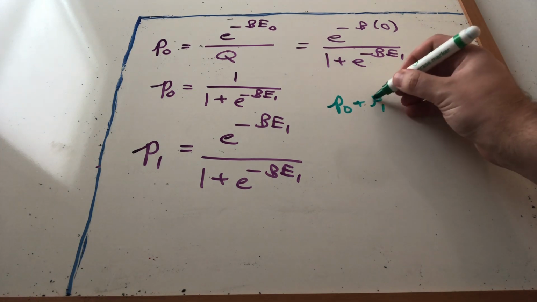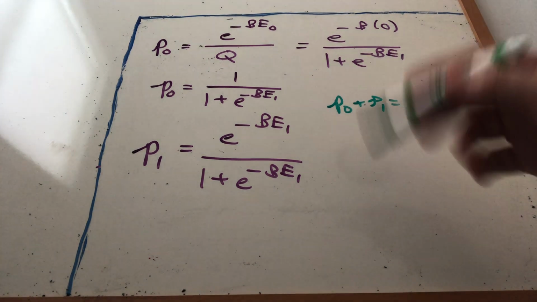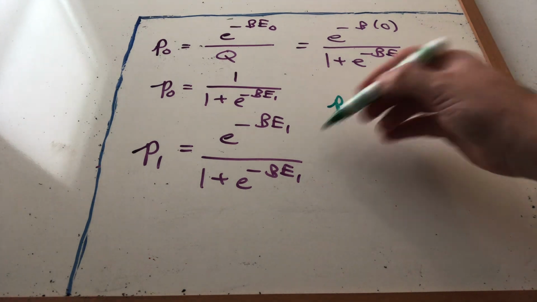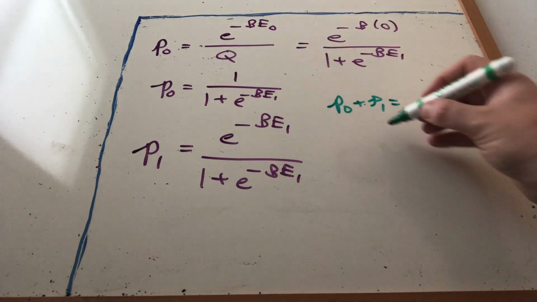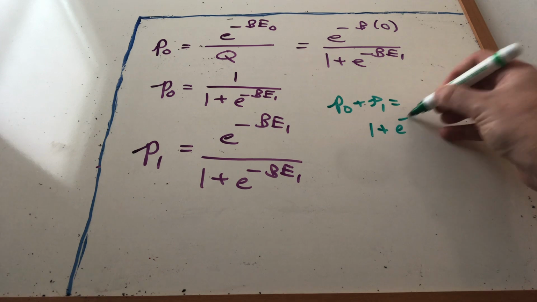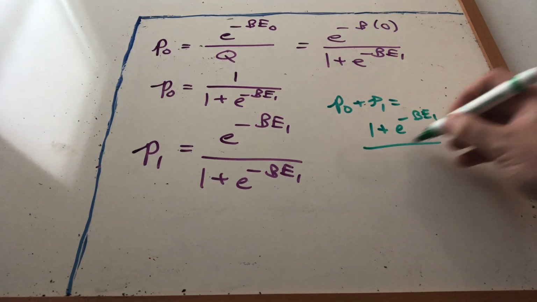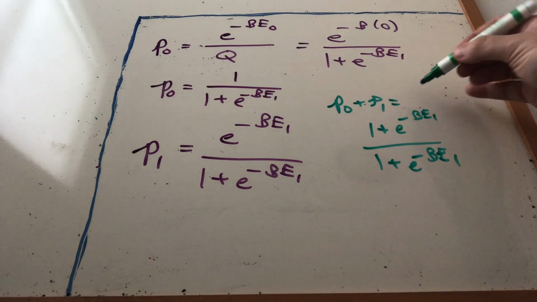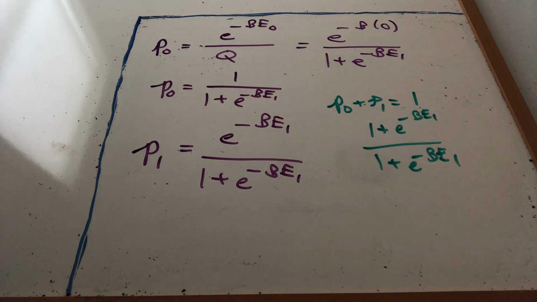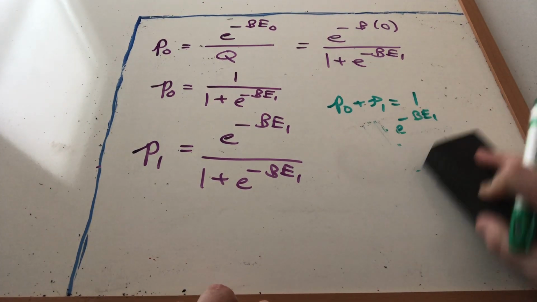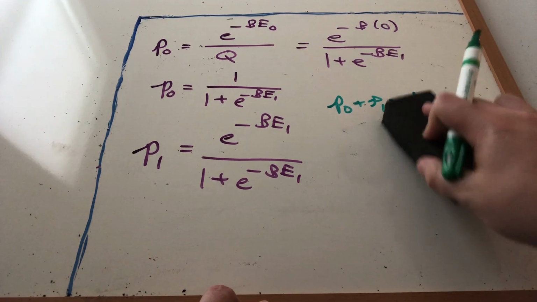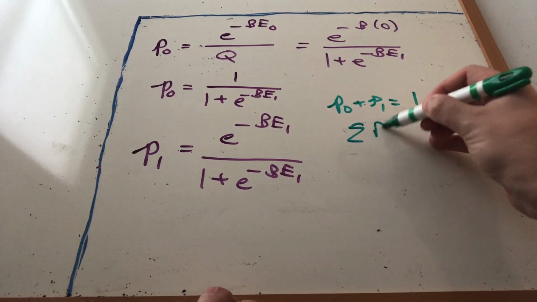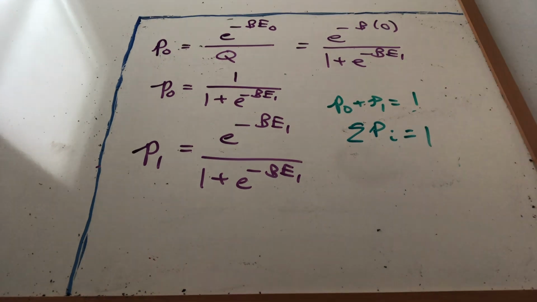What's P0 plus P1? If you look at this, hopefully you can see mathematically, they have a common denominator, so you'll be able to add them together. You get 1 plus e to the minus beta E1 divided by 1 plus e to the minus beta E1. P0 plus P1 equals 1. And that's important to realize, and it's a nice little check, because if you sum up all your different probabilities, you should get 1, because probabilities are normalized.